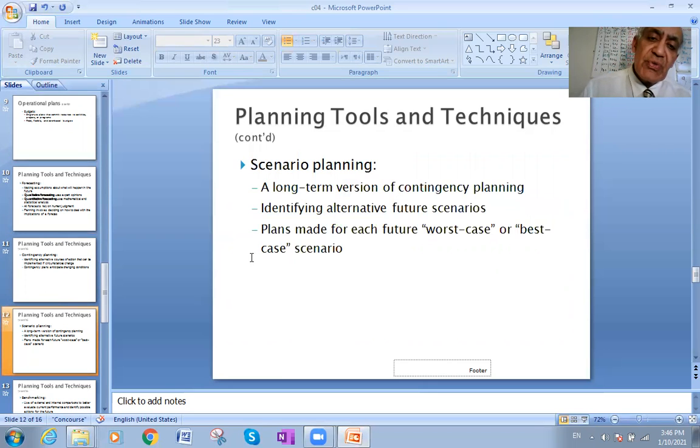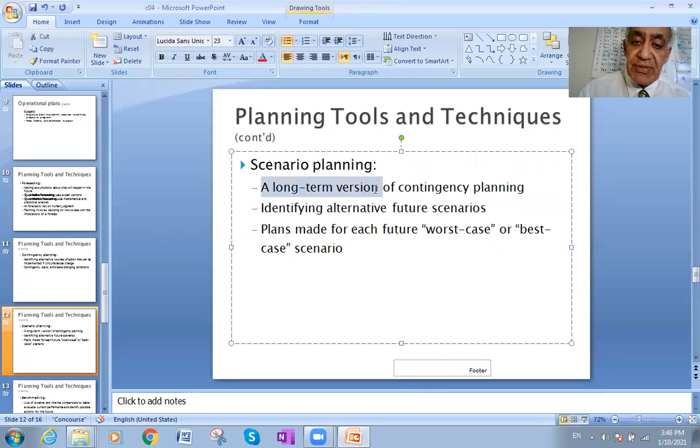So how does it work, like what are the types of planning and the tools which we use for planning. We have scenario planning. It's a long term version of contingency planning, identifying alternative future scenarios, with a plan made for each future, worst case or best case scenario. We will do more than one scenario, or we call it what if analysis.